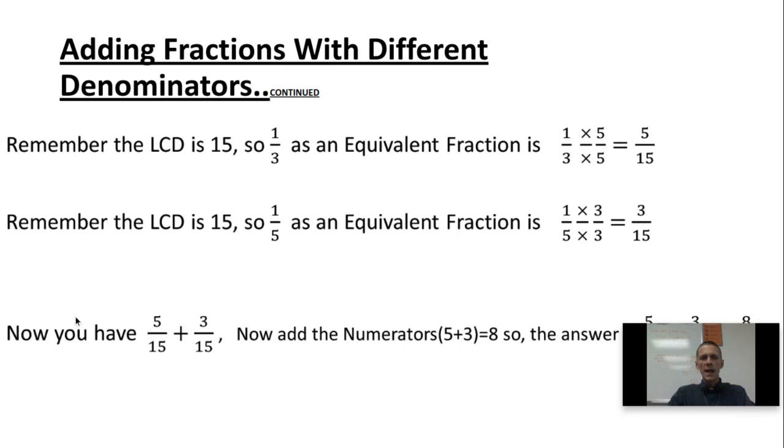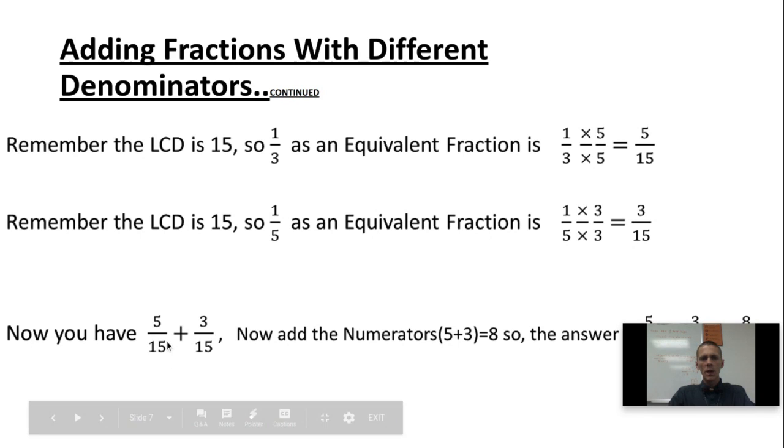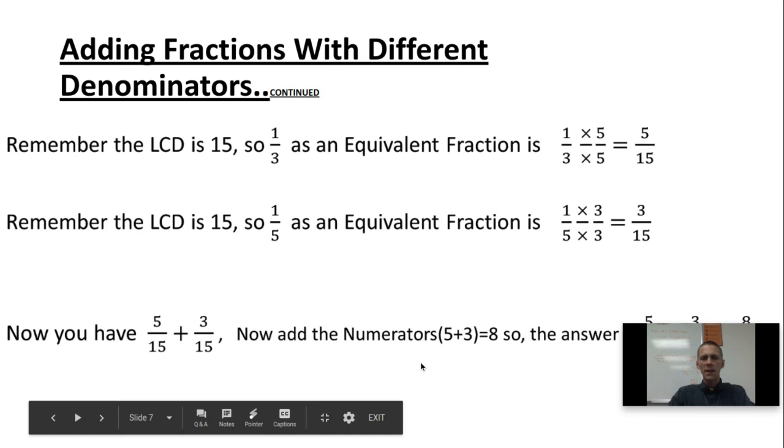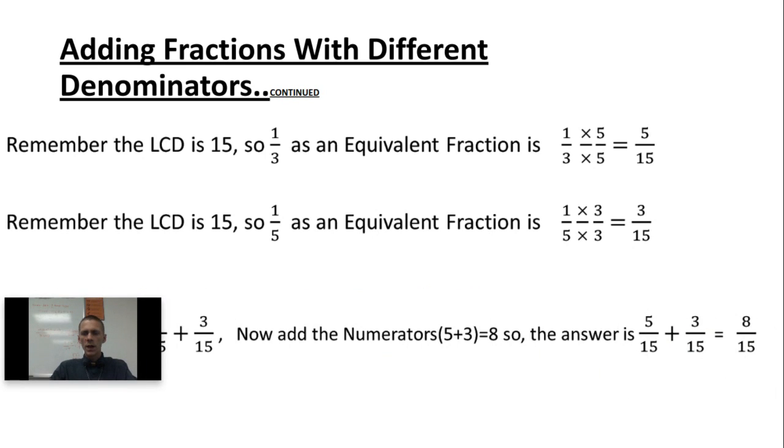So now that we have 5 over 15 plus 3 over 15, and our denominators are the same, we can now add them together, everybody. And when we add them together, it'll give us 8 over 15. Only add the tops, leave the bottom the same, everybody.